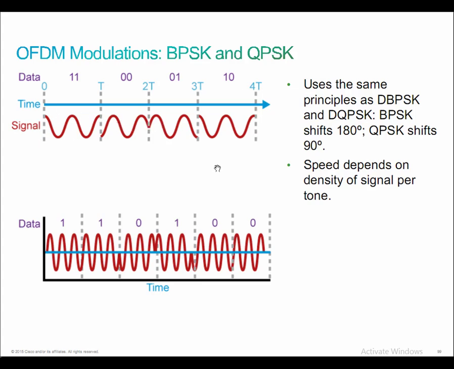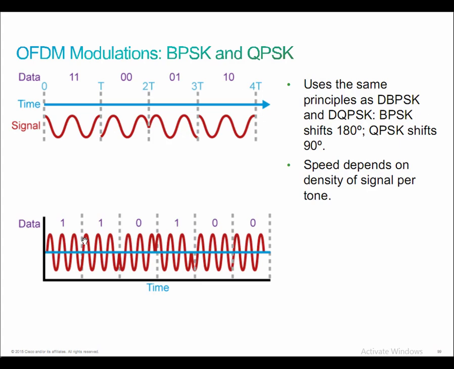Unfortunately we don't see that depicted here. Actually, you kind of do see it depicted down here, right? Here's where I'm sending a 1 and a 1, so we're not shifting. Actually, now that I look at that, that's a representation of DBPSK as opposed to just BPSK.